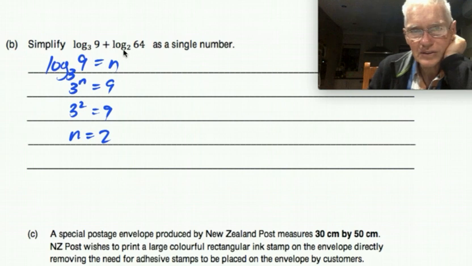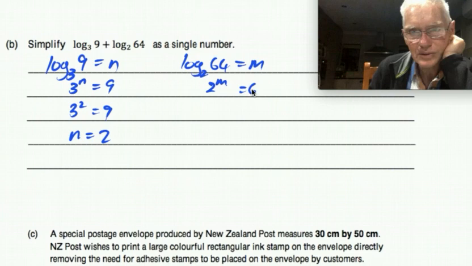And then we'll do the same with log base 2 of 64. Log base 2 of 64, we don't know what it is, so I'll call this m. But we know 2 to the power of m equals 64. And so if you multiply your 2 times table, 2, 4, 8, 16, 32, 64. So m must equal 6. So to write it as a single number, now how do I go about doing that?